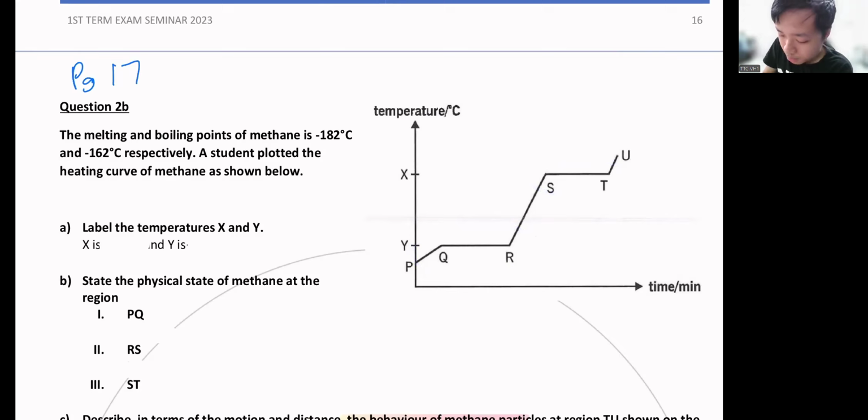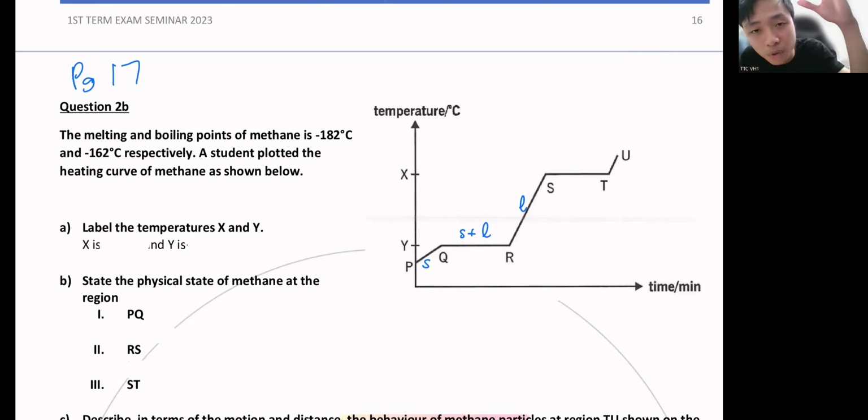At the beginning it is solid, P to Q is solid. After that, R to S is liquid. So Q to R supposedly means solid plus liquid.